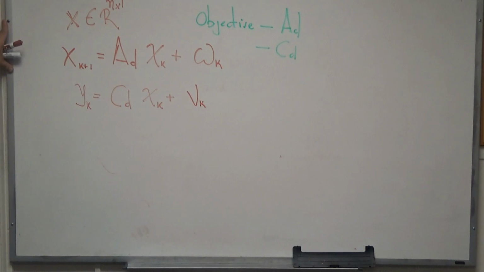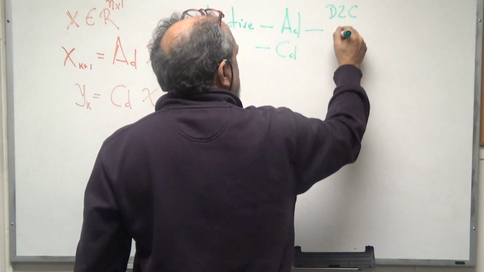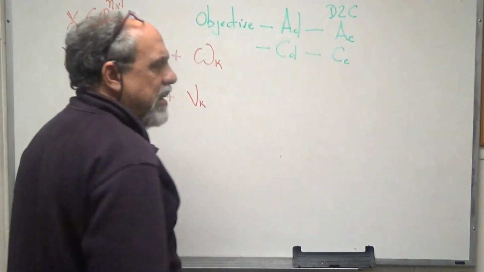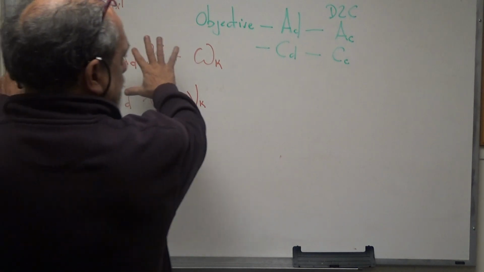Now, given AD and CD, if you go to Jordan canonical form, that means that we can do D to C, right? If we do a D to C, that means that we can get AC and also CC. That means that we can get the eigenvalues and the eigenvectors of the system, right?